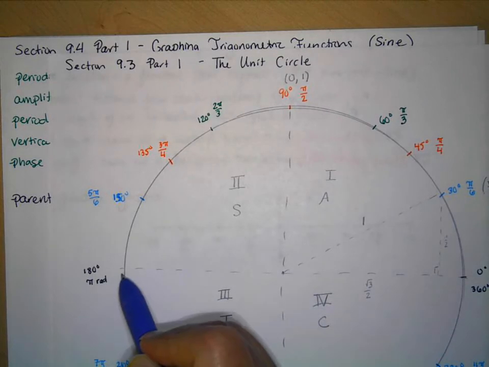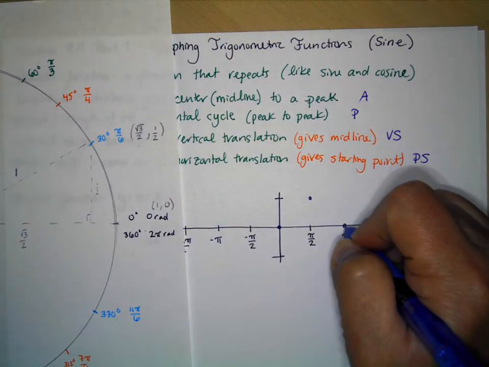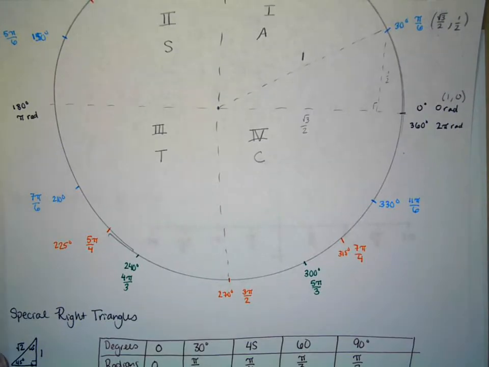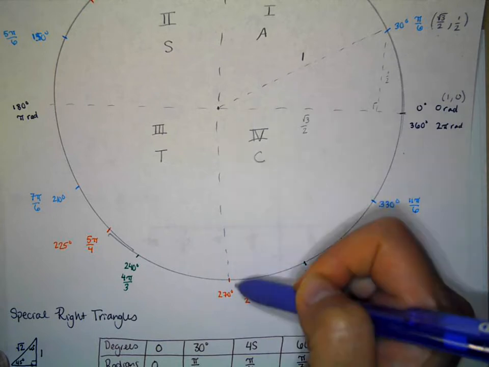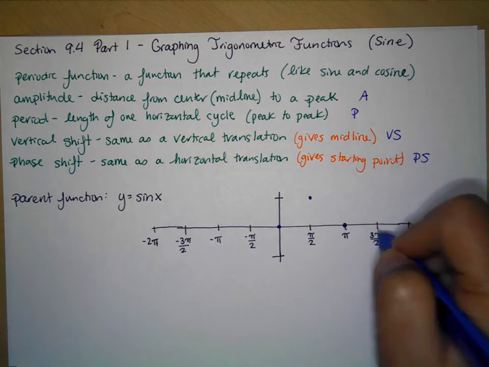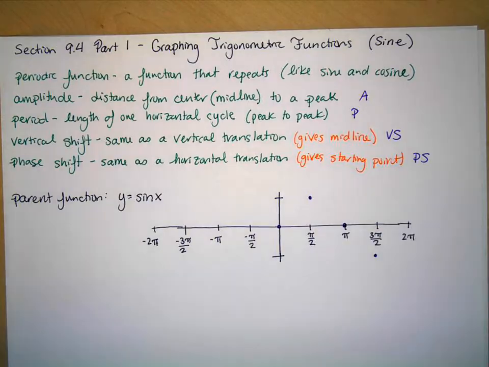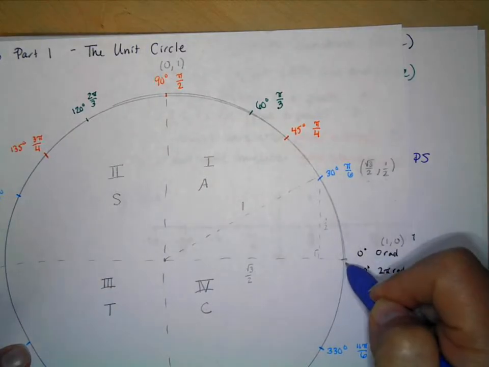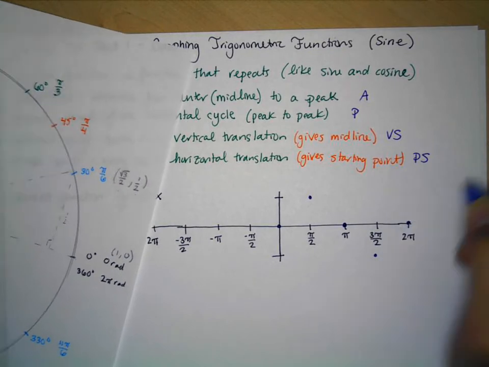At pi, my y-coordinate here is 0. And at 3 pi over 2, if we think about a y-coordinate at this point here, it's going to be -1. 3 pi over 2, we're at -1. And then at 2 pi, we're back to a y-coordinate of 0.